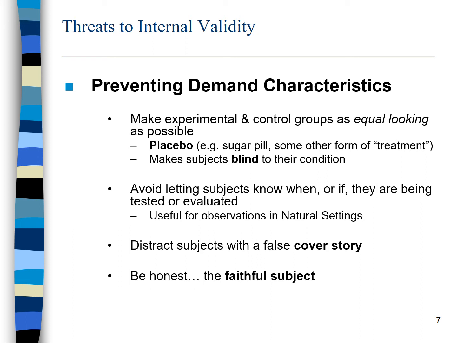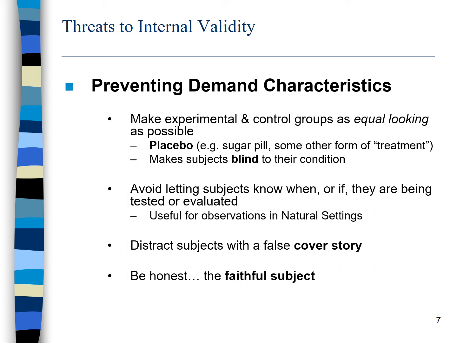The term blind in experimental research is huge. You're going to see it multiple times throughout the rest of this lecture. By making them blind, whether they're in the experimental group or the control group, it increases the likelihood that the research subjects are going to behave as normally as possible.